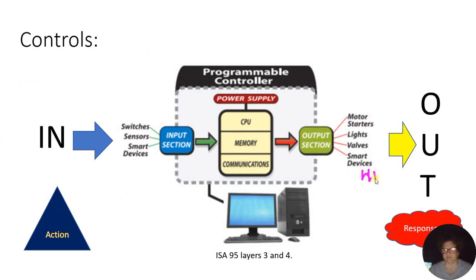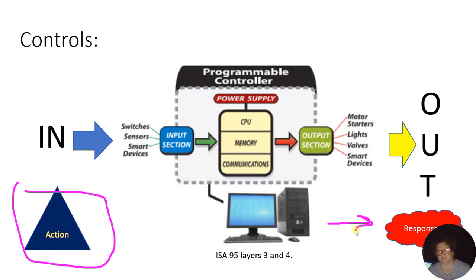Smart devices would be your HMI. Drives could be related to your motors. This is just an example, and the idea would be that we're monitoring an action in real time, and you're outputting a result or a response to that input.